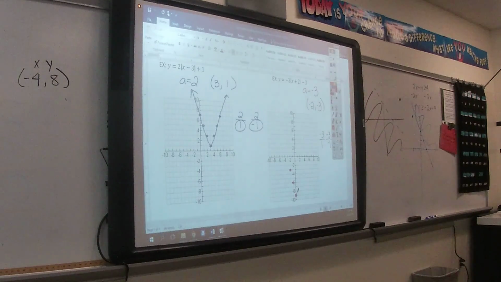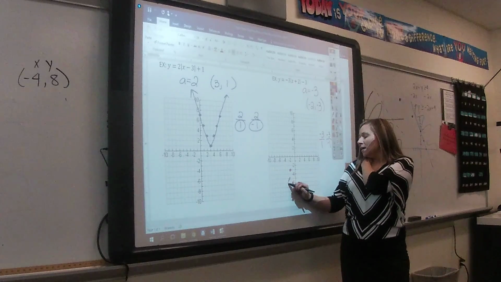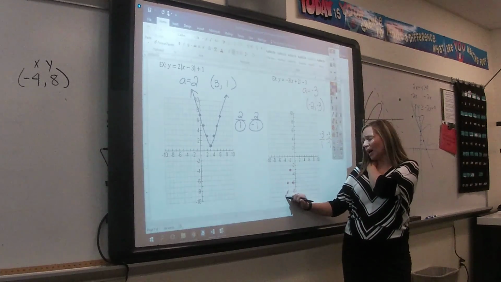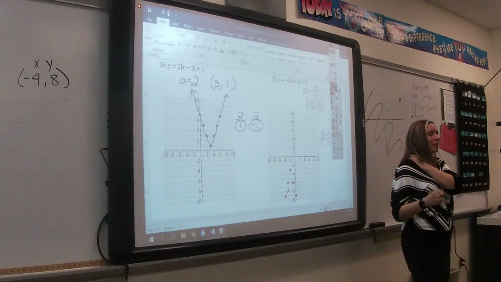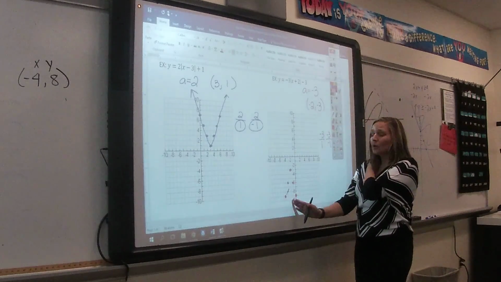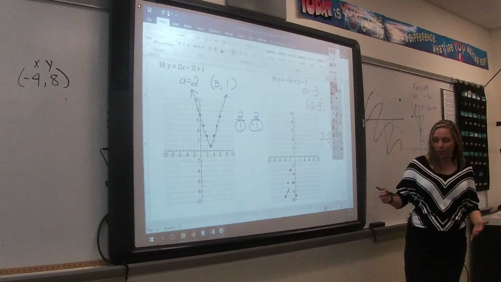And what am I going to do on my other one? Go the other way. Down 3, left 1. Okay, so one of my students said, so basically I just want to do the same thing on each side, but once go to the right and once go to the left. Yes. If you prefer to think about it that way rather than positive and negative, yes, that's what you're doing. Absolute value graphs have something called a line of symmetry, which means the right-hand side mimics the left-hand side.